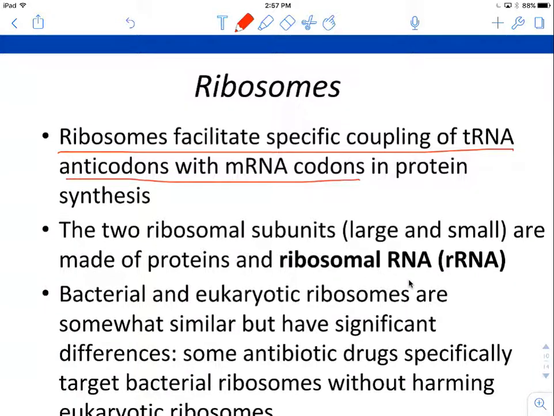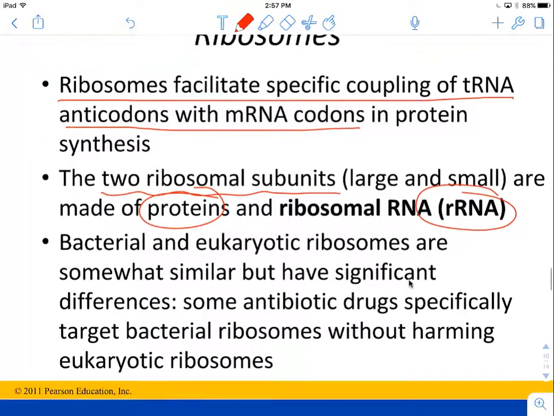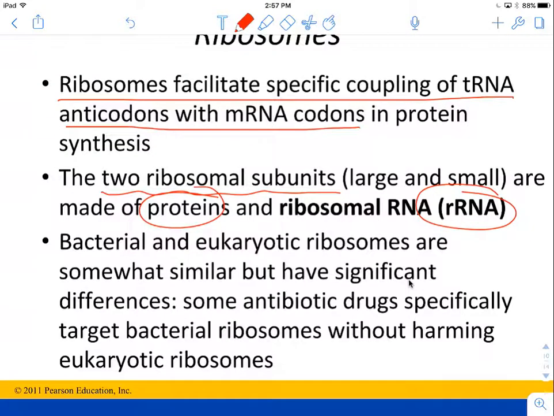There are two subunits to a ribosome, the large and the small, and they're made of proteins plus rRNA. Bacterial and eukaryotic ribosomes have some similarities, some differences, but there are some ways to specifically target bacterial ribosomes, and that's what most antibiotics do. They halt the bacterial ribosomes without harming eukaryotic ribosomes.